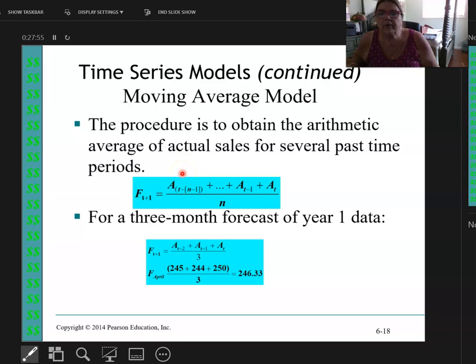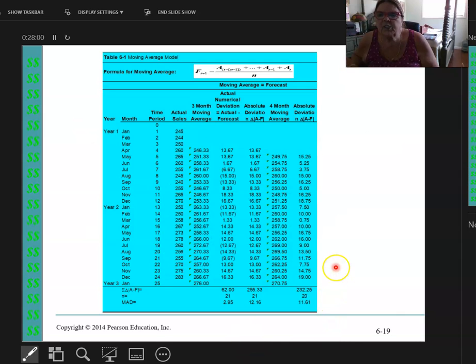Before we start this, here's the chart we're going to be using. Actual sales for January, 245, 244, 250. Let's go back.